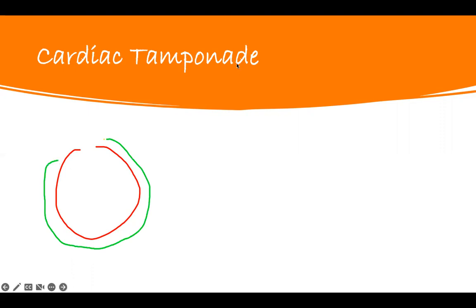So this is our pericardium. There's a fluid in the pericardial space. This is what is surrounding the heart. The sac surrounding the heart has fluid in between it and the heart.